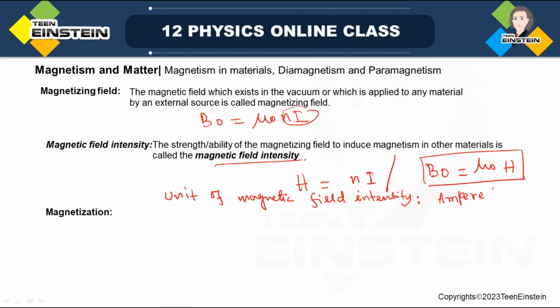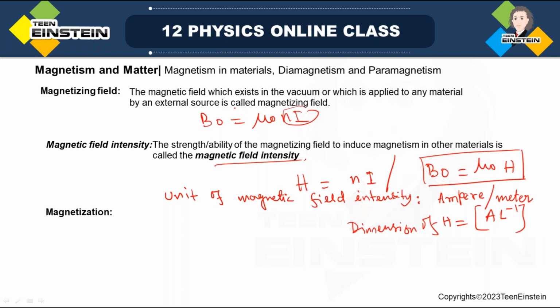So ampere per meter is the dimension of H. These are two things, and it is very important to distinguish what is magnetic field intensity and what is the magnetizing field.